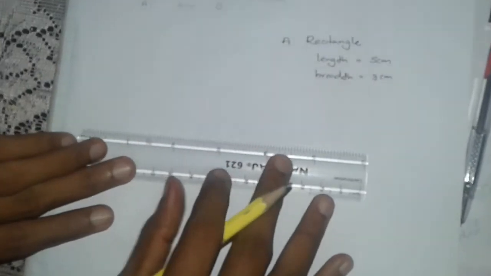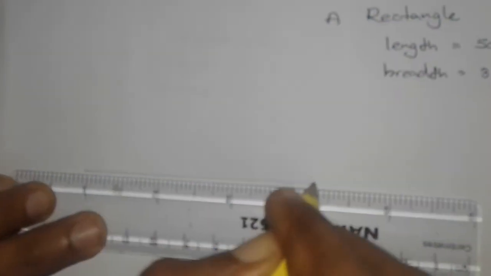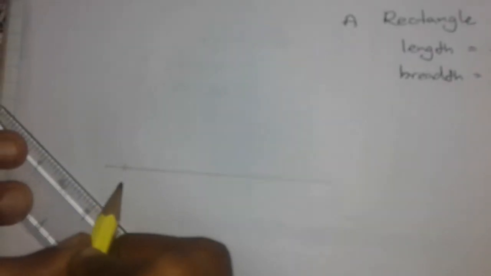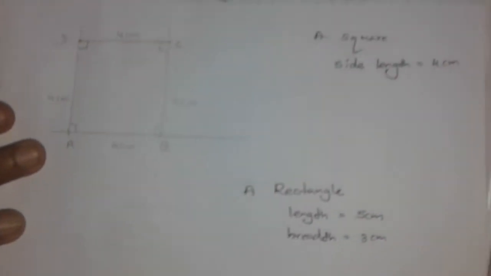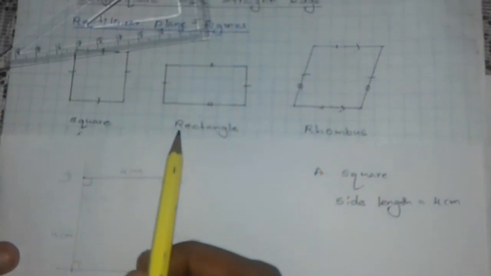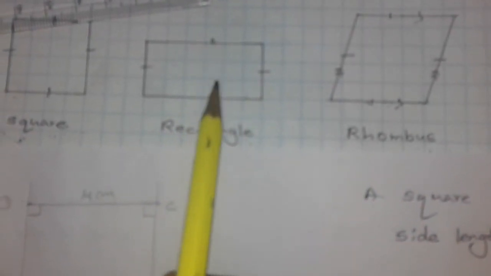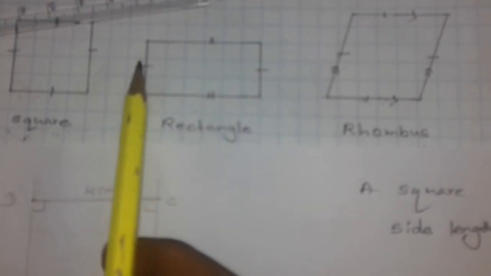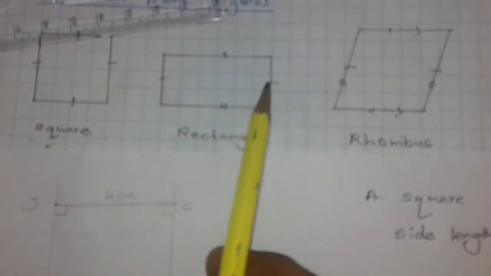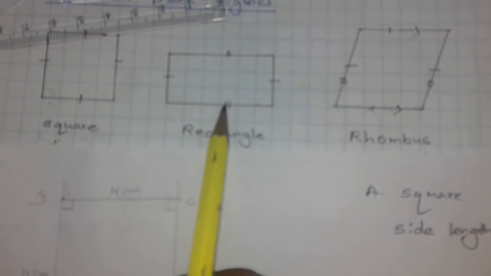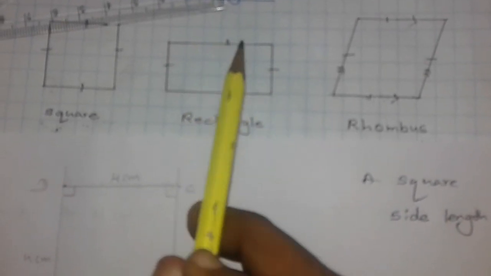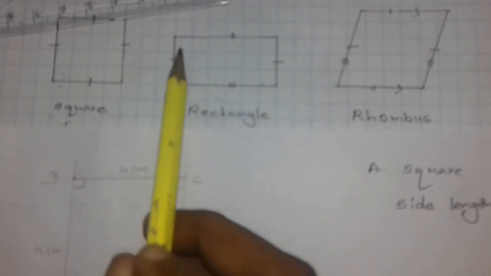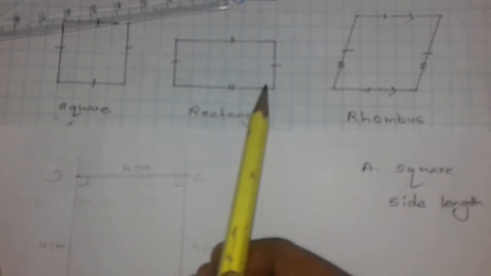First, draw a line segment like this and mark a point as A. Before that, you have to remember the properties of a rectangle. What are the properties? Opposite sides are equal in length. This side is equal to this side in length and this side is equal to this side in length. And all angles are also right angles.